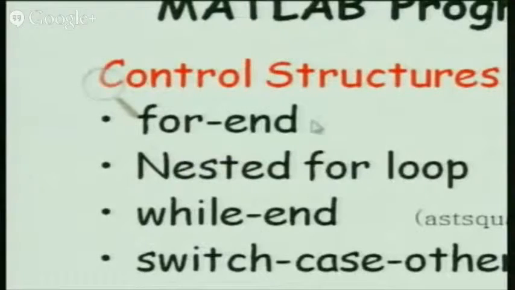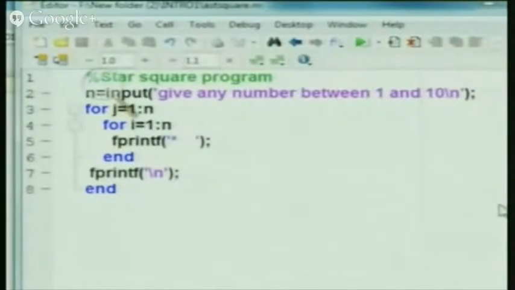Other than the control structures if else, we have a for loop, a while loop, and switch case otherwise. So I will give you some examples of this. This is a program. Here I am using a nested for loop that will generate a square of stars, asterisks.